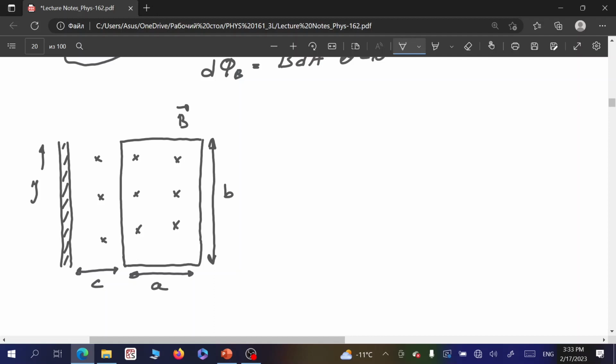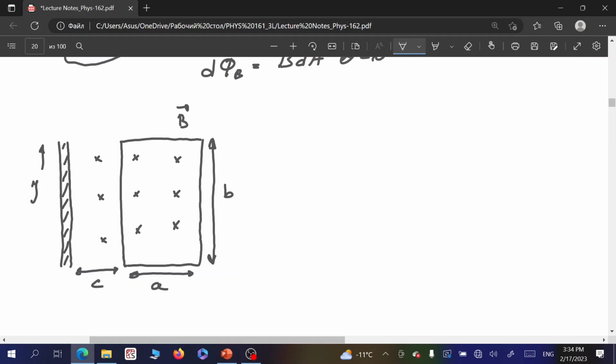Let's say if the magnitude of the magnetic field is uniform, doesn't change with position, then this would be really a simple case, because we would multiply the magnitude of the magnetic field B, which is uniform at any point within this frame, with the area of this frame, which is A times B. However, that's not the case, because we know that the magnetic field created by a straight conductor is not uniform.